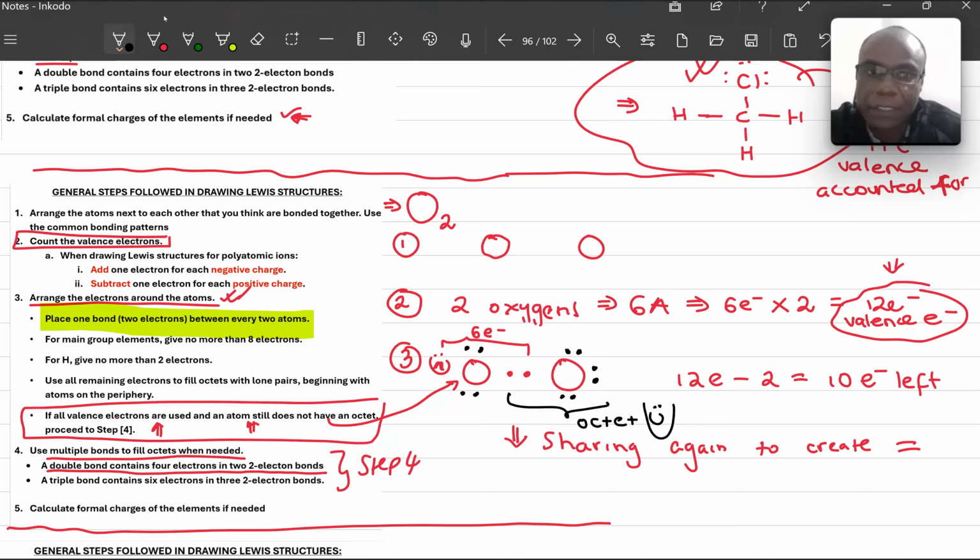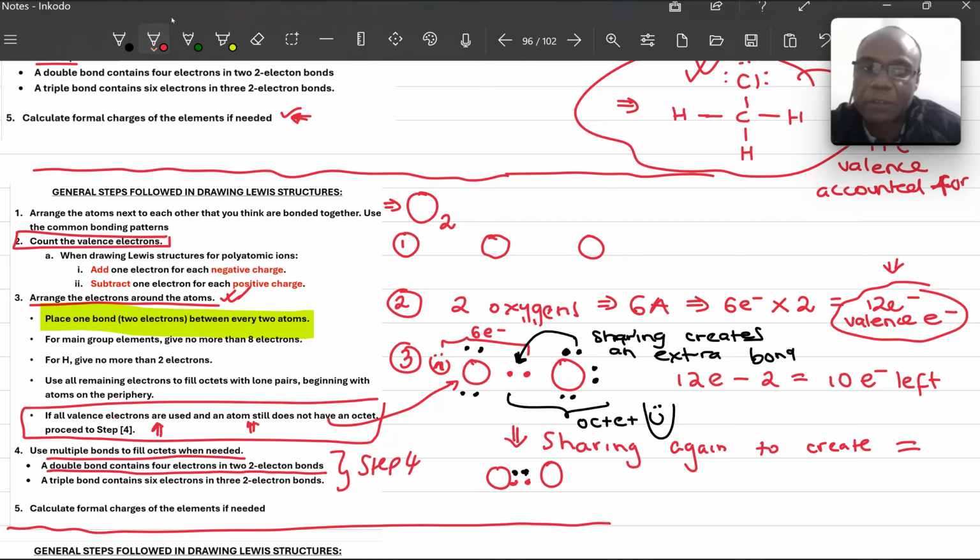And to do that, we'll go with the one that has an octet already and share using an arrow like that. This is sharing. Sharing creates an extra bond, which is what you are doing. So the 2 electrons in the lone pair now are shared in between the 2 oxygens.